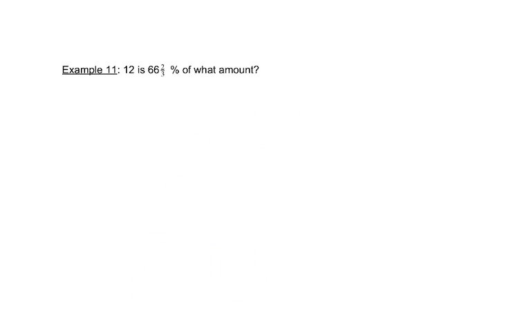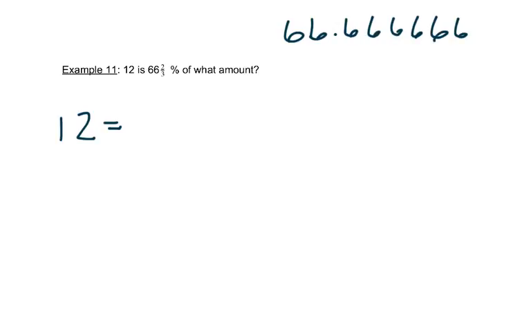Here we have 12 is, now we have 66 2/3% of something. So this is 2/3 repeating. We need to change it to a decimal, so we're going to move it 2 places back. So this is another one of those that is just going to be kind of close to the right answer, because that 6 keeps on going forever.